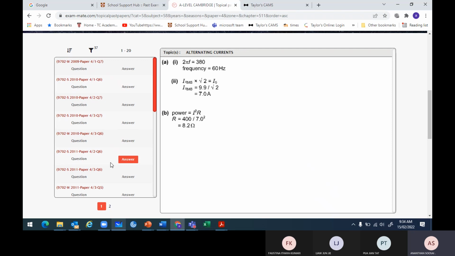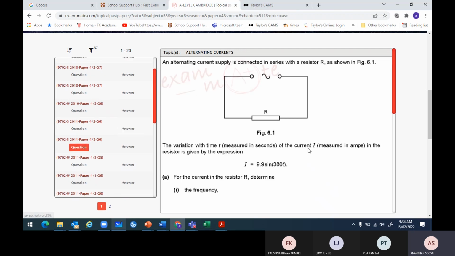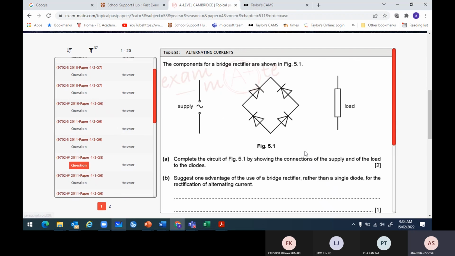Same question: if they don't say mean, they just say it doesn't exceed 400 watt, then use RMS. Sometimes they ask what is the peak power generated, and what is the peak current, normally.